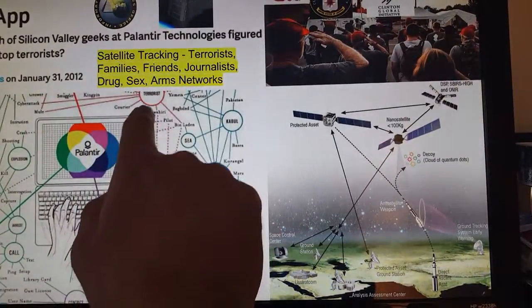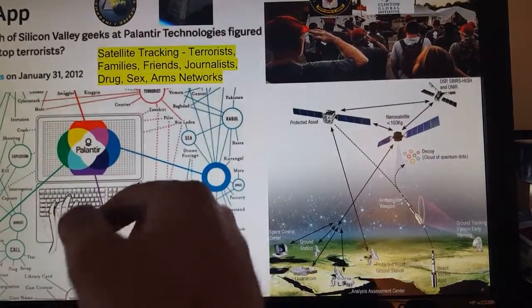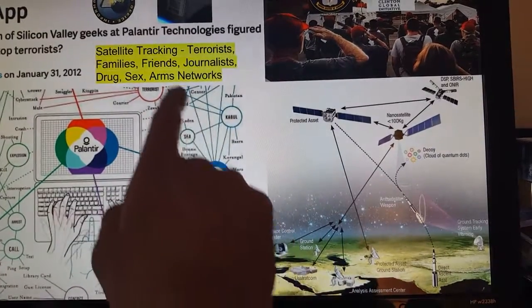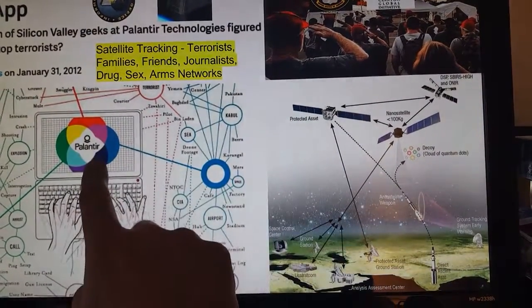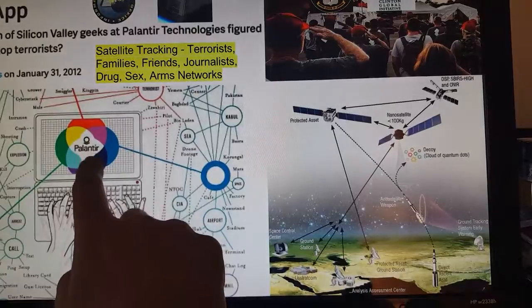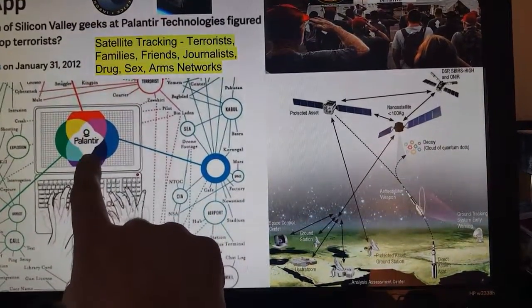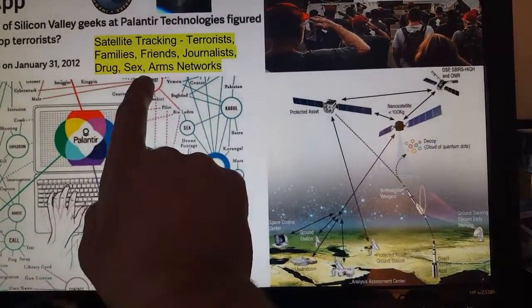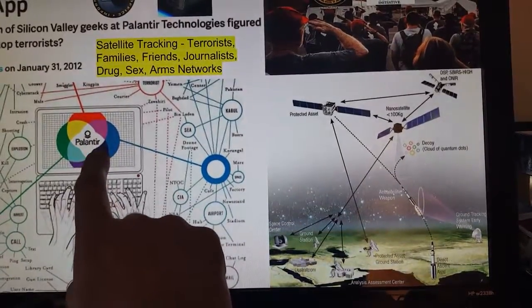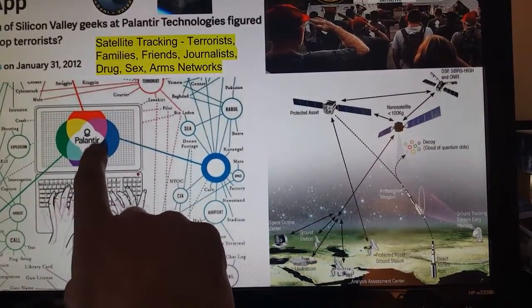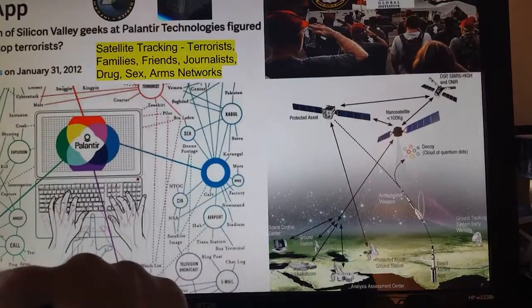You are marked red. So this is the PRISM. The PRISM system comes from Planeteer. The PRISM system is directly the parent of the Planeteer system, and vice versa. This is actually the next generation PRISM system from the Edward Snowden days.